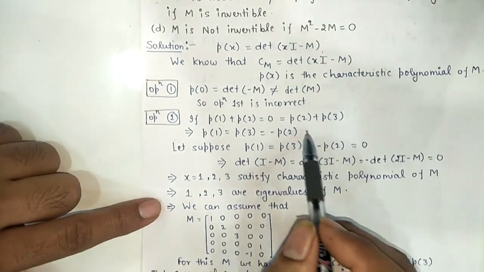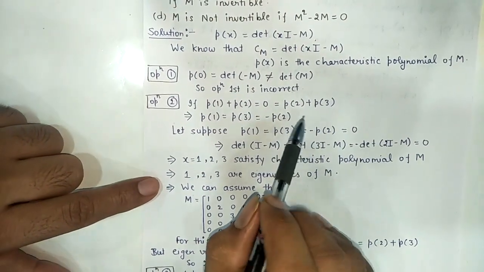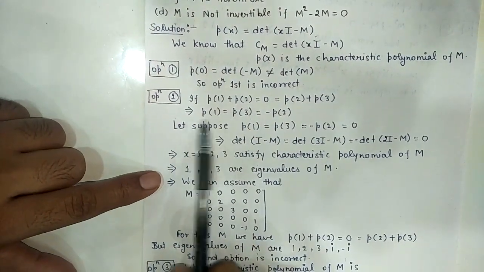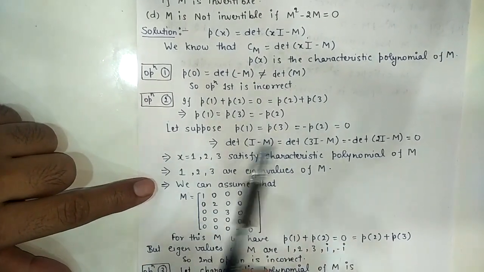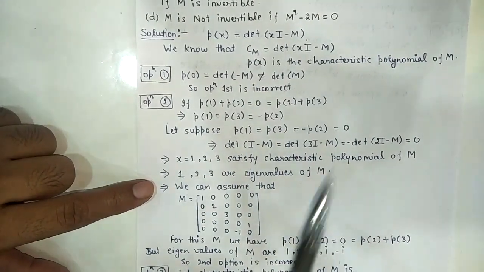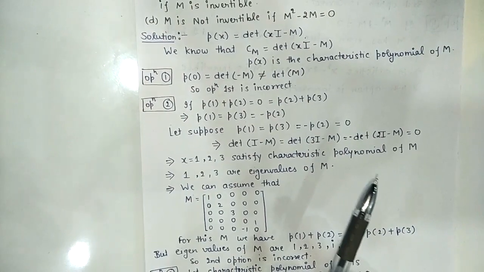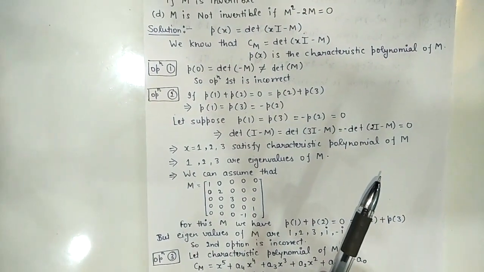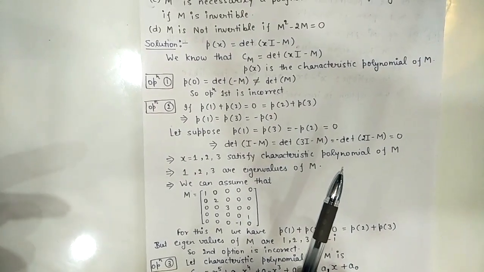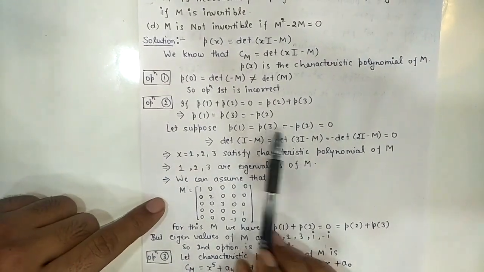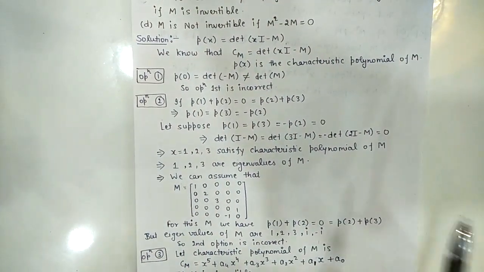This value can be any real number. Because P(x) is the characteristic polynomial of M, if we take this value equal to 0, then 1, 2 and 3 will be eigenvalues of M.